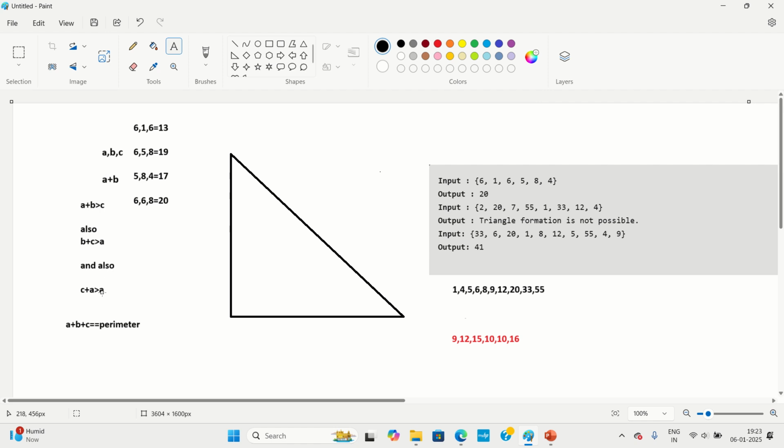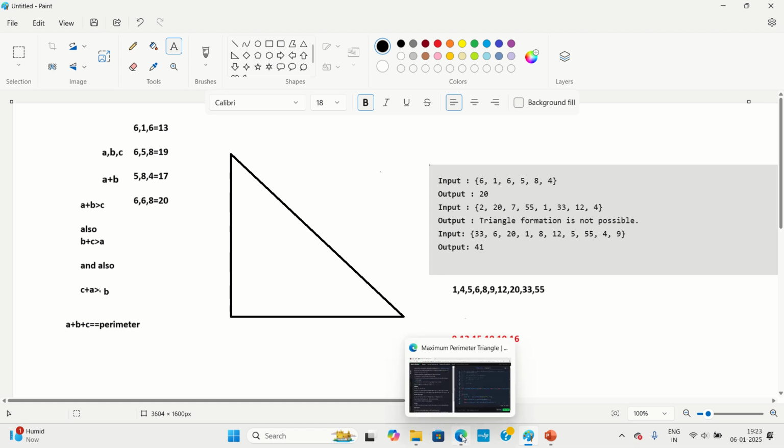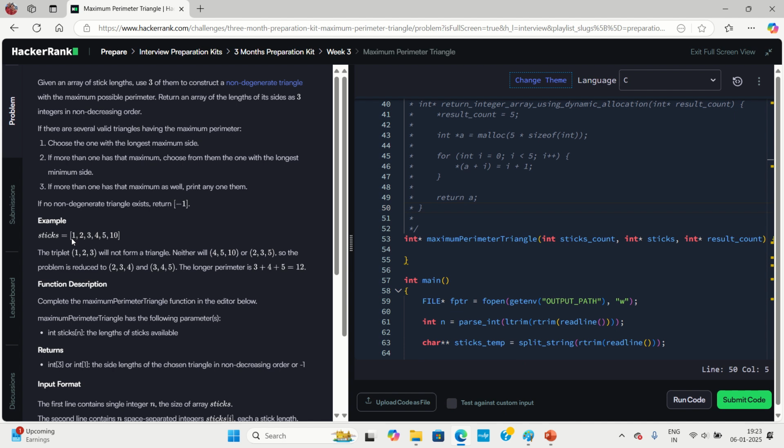C plus A must be greater than B. Fine. So these are the three conditions for which we can say the triangle is valid. If a triplet which we are choosing from the given array satisfies all the three conditions, then it forms a triangle first of all. Fine.